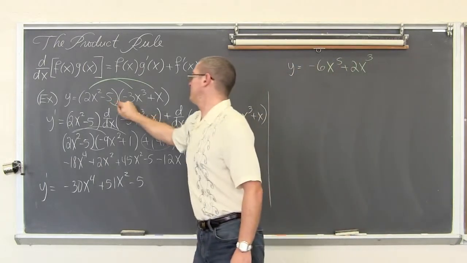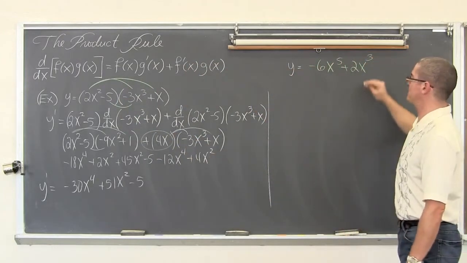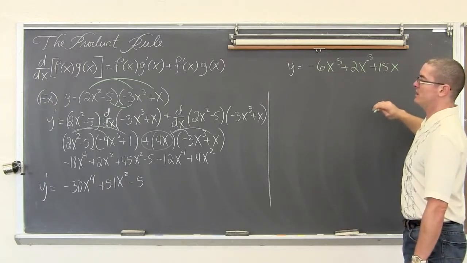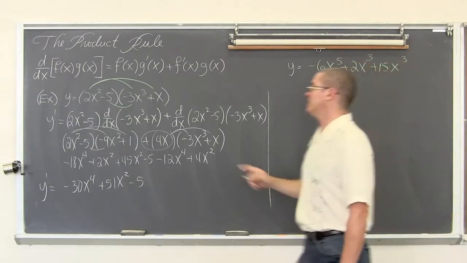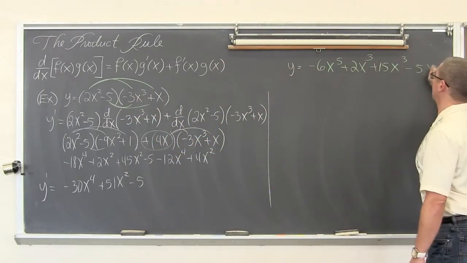And then we have negative 5 and negative 3x cubed is positive 15x to the third power. And then we have negative 5 and positive x, which is negative 5x.